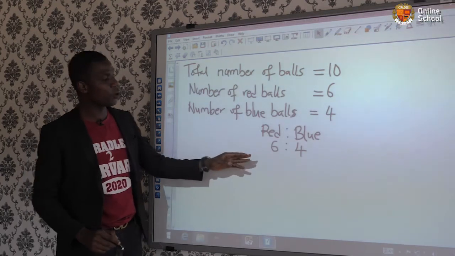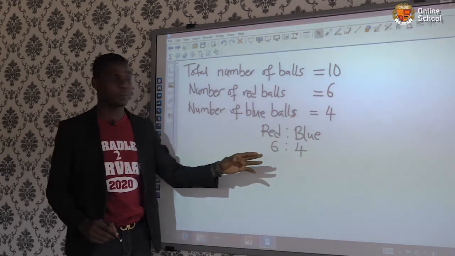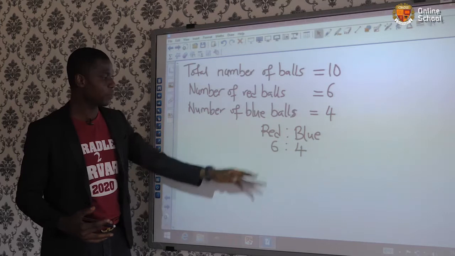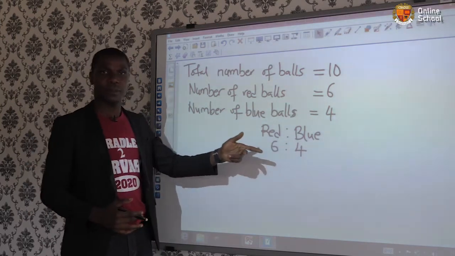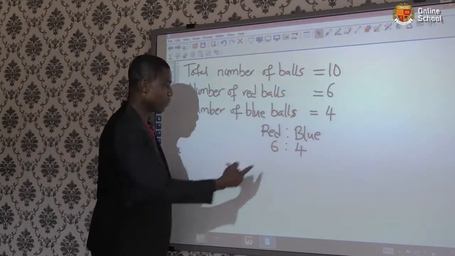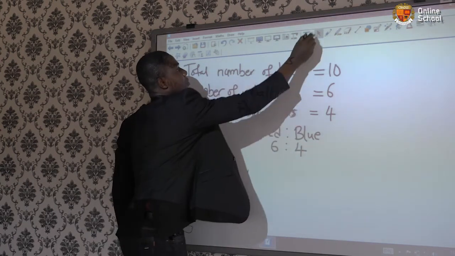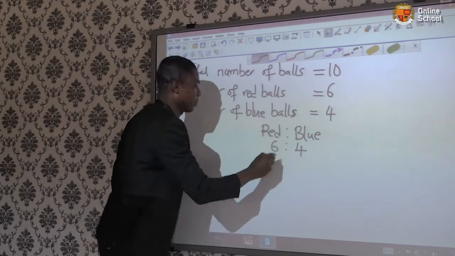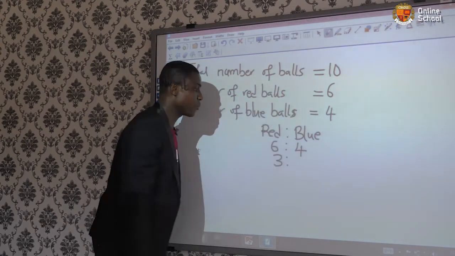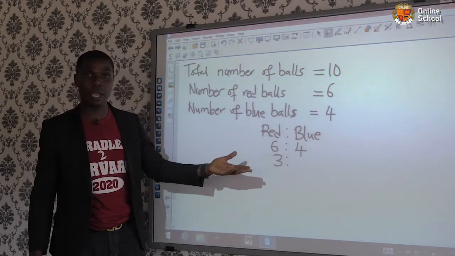What is the ratio of red balls to blue balls? Let's divide these figures by a common factor. If you divide 6 by 2, you have 3. If you divide 4 by 2, what will you have? 2.